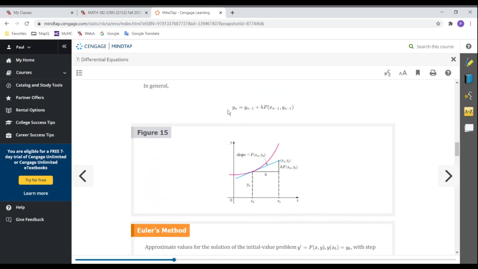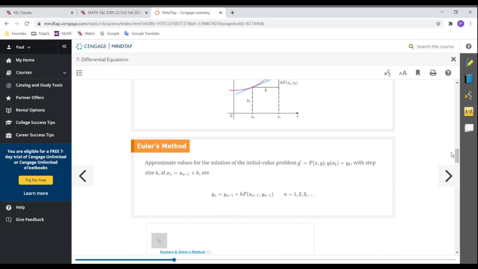In general, this is the iterative procedure for Euler's method: the approximation y sub n equals the previous approximation y sub n minus 1 plus h times the derivative evaluated at x sub n minus 1, y sub n minus 1. Okay, and this is what is called Euler's method, and they box it here.